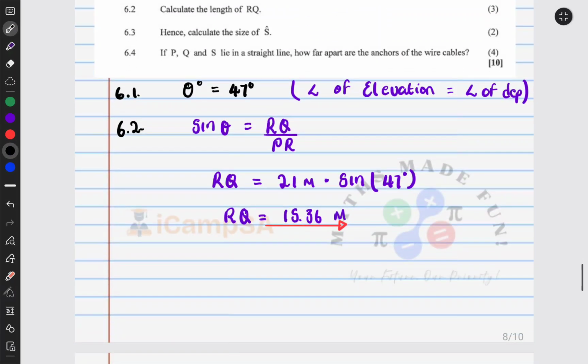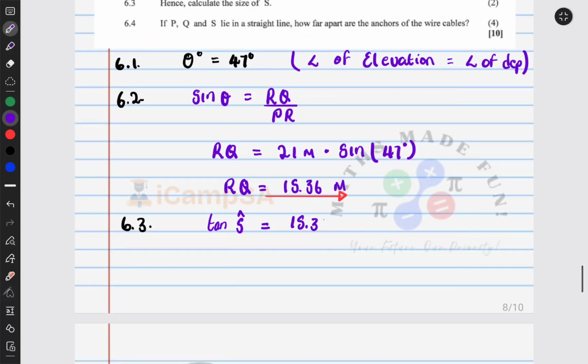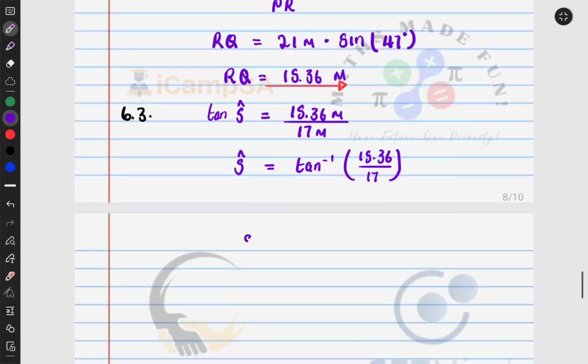So for 6.3, we're going to say tan S is equal to opposite. What's the opposite side? It is 15.36 meters over the adjacent side, which is 17 meters. Therefore angle S is equal to tan inverse of 15.36 divided by 17.